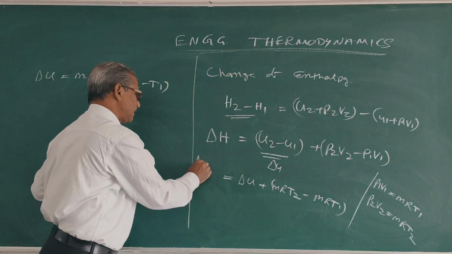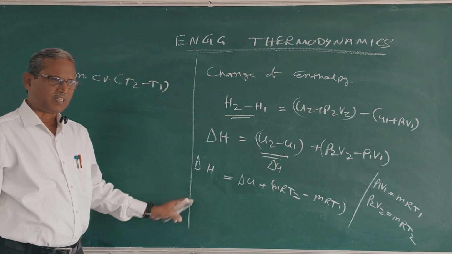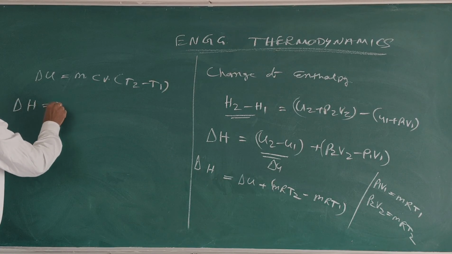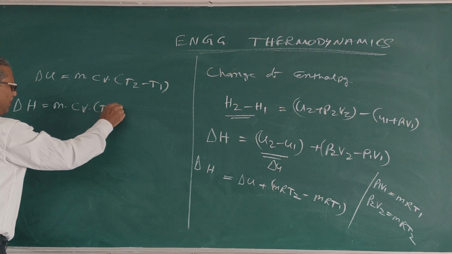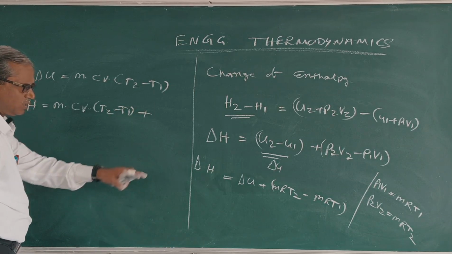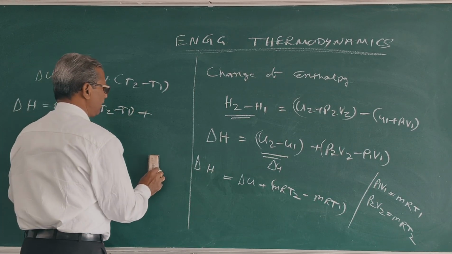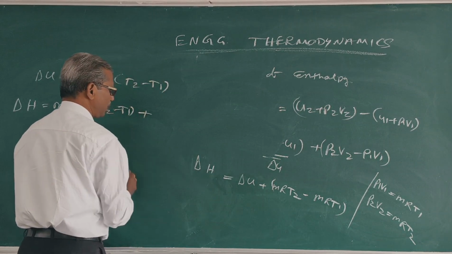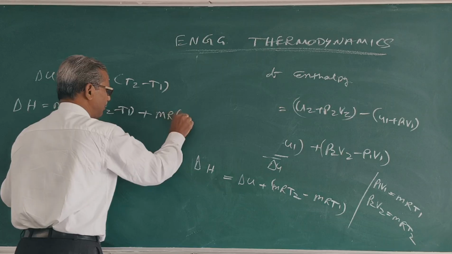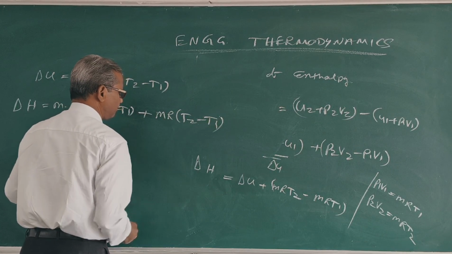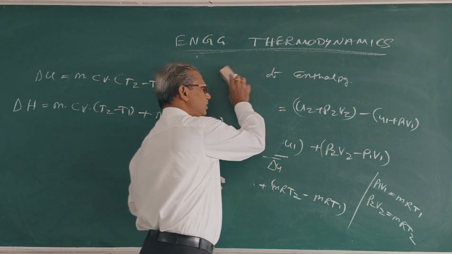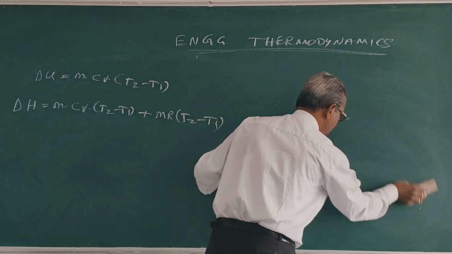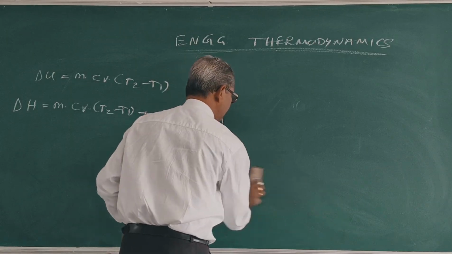This is del H, change of enthalpy delta H. What is del H is equal to m Cv T2 minus T1 plus mR T2 minus T1. Clear?